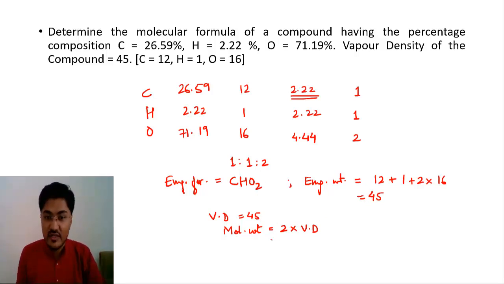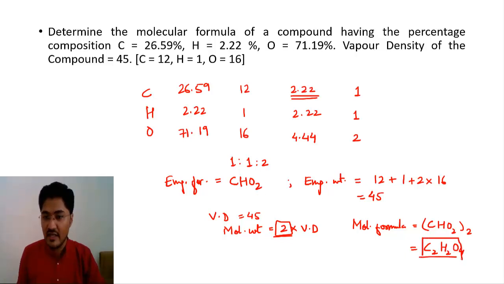So the common factor is 2, that is the simplest whole number ratio is 2, and hence we multiply the empirical formula by 2 and we get the actual molecular formula equals CHO2 into 2, that is C2H2O4, which is your final answer.